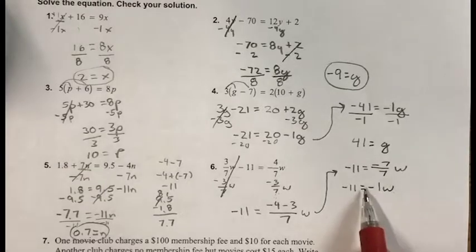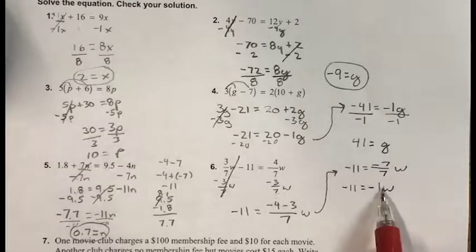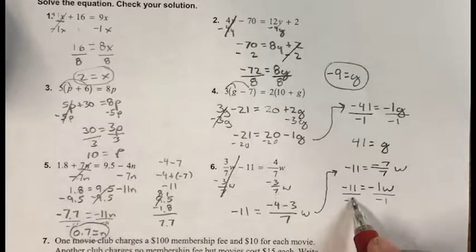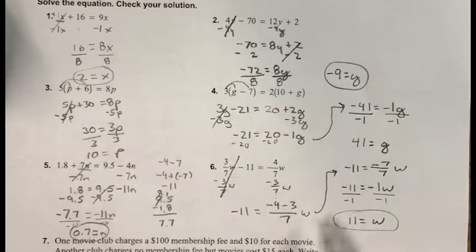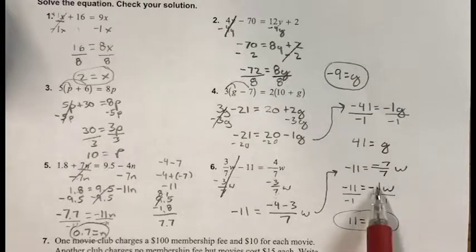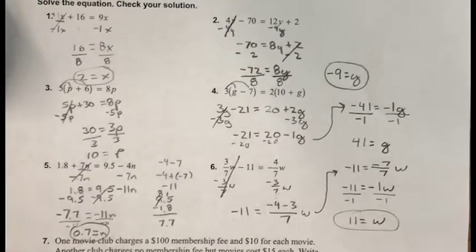This may have caught you right here because this is a negative 1 and not a positive 1. In doing so, I can follow my SADMEP again and divide by negative 1, and I get 11 equals w. So this may be something that would have caught you, this right here, negative 4 minus 3, and when we simplify this little section, would have given us a negative 1w. So be very cautious of that.